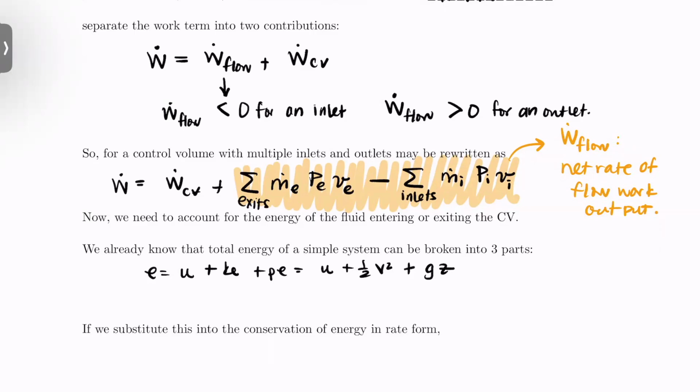This is the usual way that we break apart total energy. So for E dot mass in, this is equal to the sum over all the inlets of m dot i e i, and then the same thing for E dot mass out, m dot e e e.